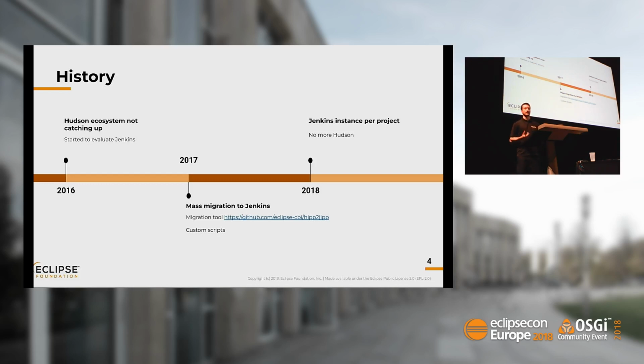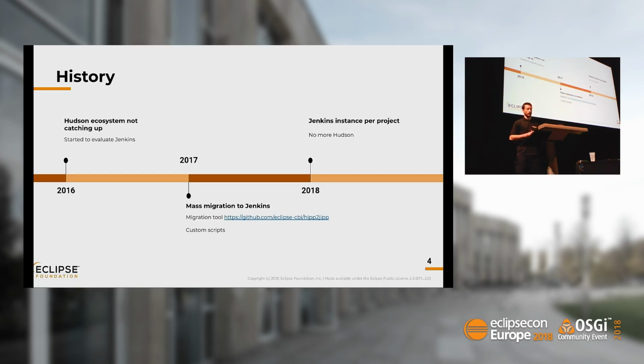What it basically does is it transforms the configuration XML files with an XSL transformation to the new format. We also had to use some custom scripts just for our environment to transfer the files back and forth and to set up the new Jenkins instances.